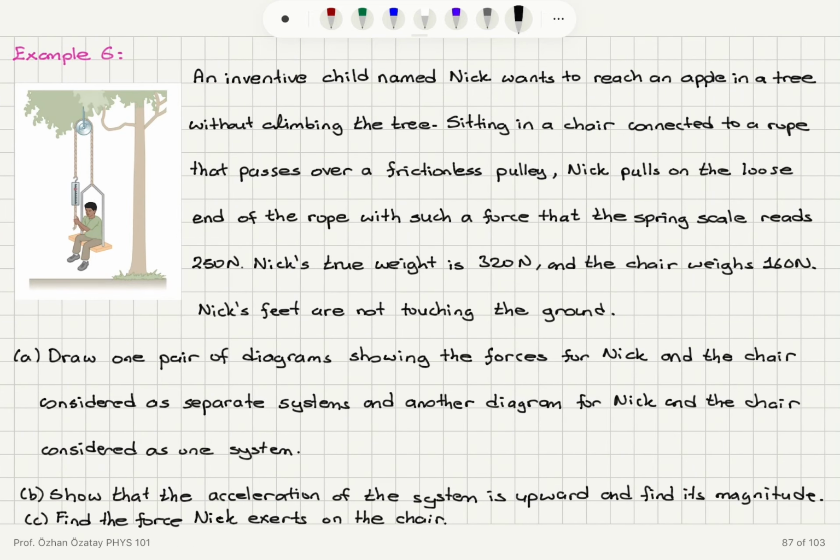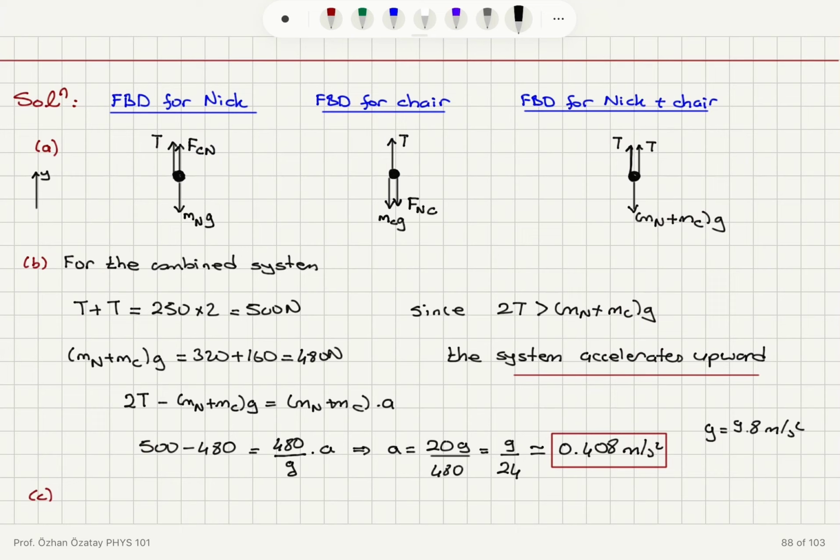What is the force Nick is exerting on the chair? Okay, so let's work with the free body diagram for the chair, the second free body diagram. This gives us the tension T pointing up minus the force Nick exerts on the chair minus the weight of the chair is equal to mass of the chair times its upward acceleration.